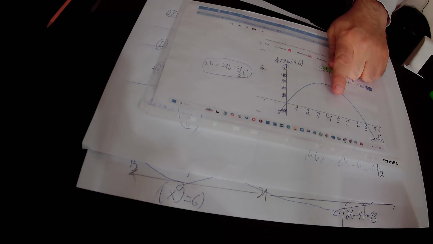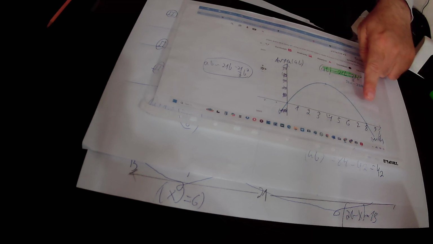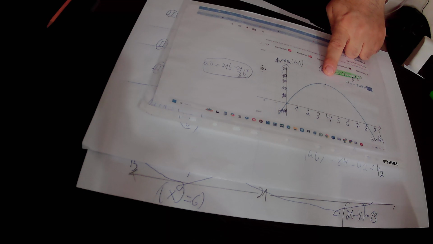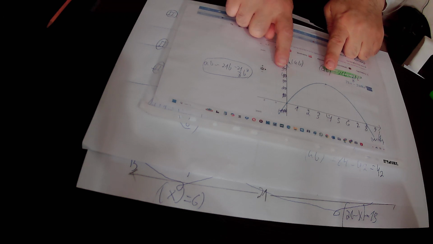You can definitely say that if b equals 4, then the area is at its maximum value or maximum height. The area is a little bit more than 40 square units. Here this number is 40, so the area is a little bit greater than 40 square units.